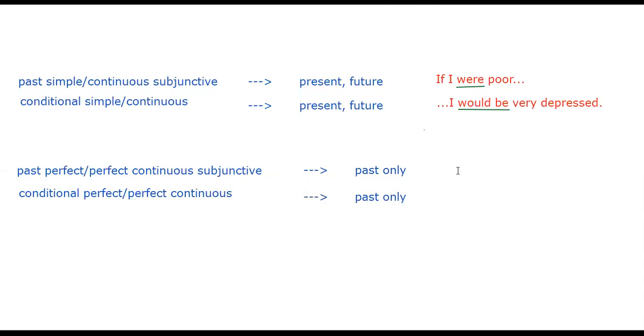So an example would be, if I had gotten married, let's say there was a chance for you to get married in the past, right? Actually, no, let's not do that example.